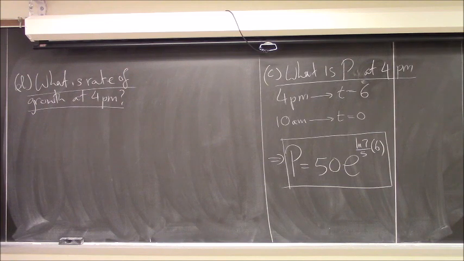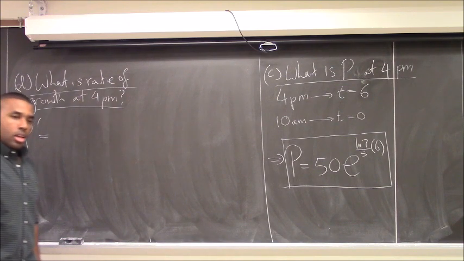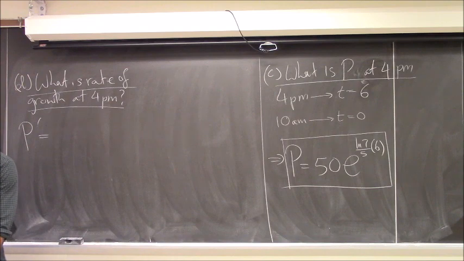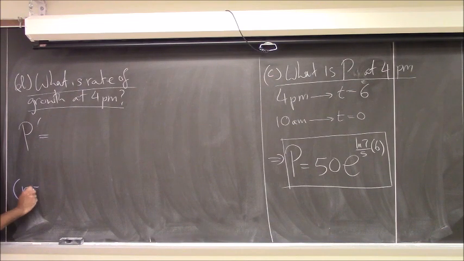It's P prime, right? Because it's a rate, so it has to be some sort of derivative. How do you know it's not little r? Because it doesn't have the word relative in it. So there are 2 ways you would call the little r. Little r is relative growth rate.